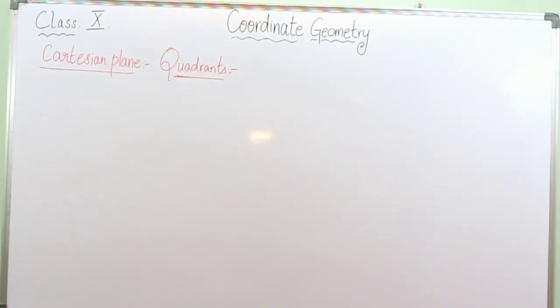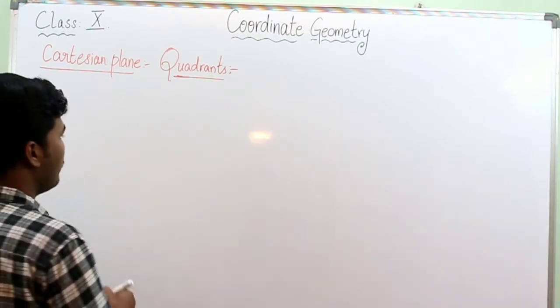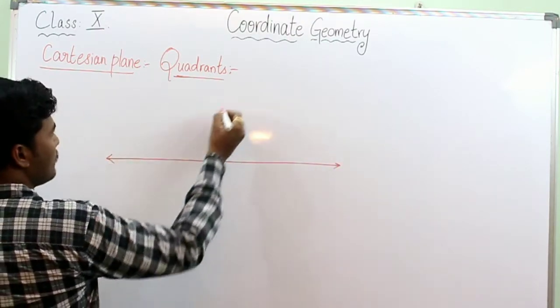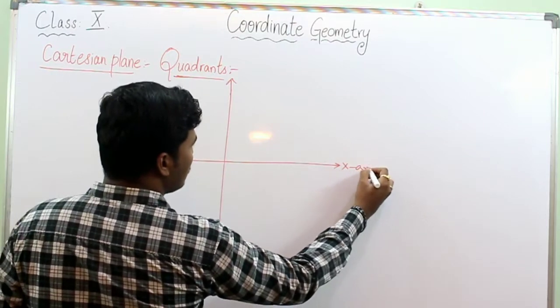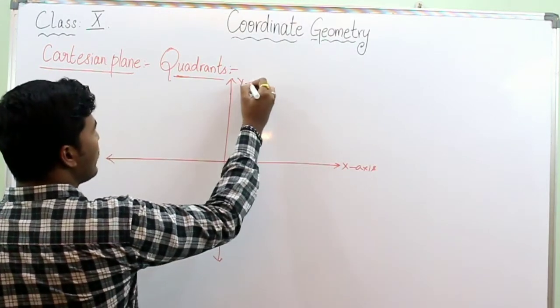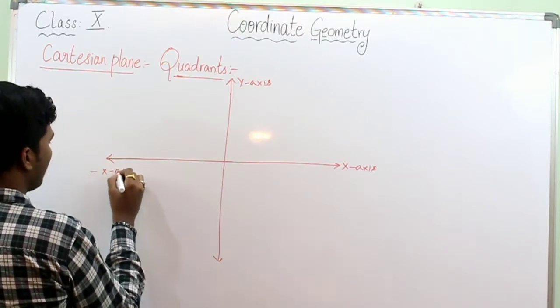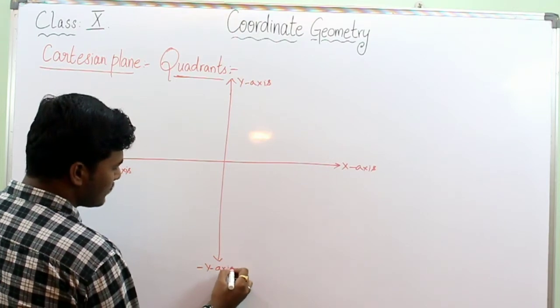Now let us consider a Cartesian plane and discuss quadrants. First let us draw a Cartesian plane. This is the x-axis, this is the y-axis, this is the negative x-axis, and this is the negative y-axis.